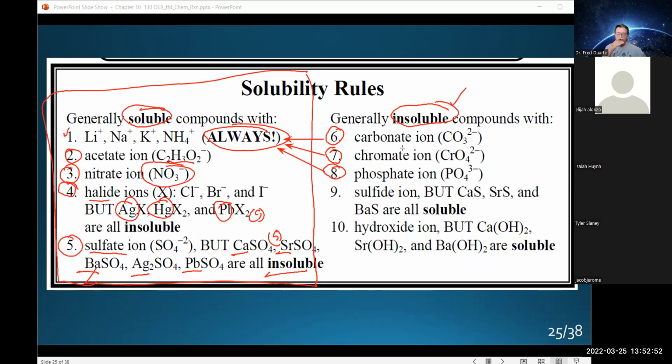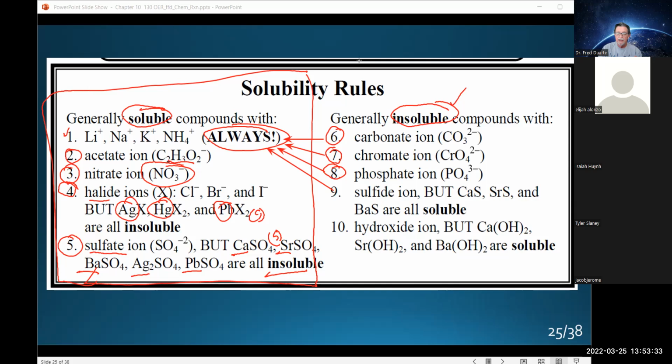Only 4 examples for each one are classified as soluble, and everything else in the world it's bonded to, metal-wise, is insoluble. Everything except those four are insoluble. Okay, number 9. Very similar. Normally, the sulfide ions are insoluble, regardless of what metal or cation it's attached to, except the big 4: lithium, sodium, potassium, and ammonium.